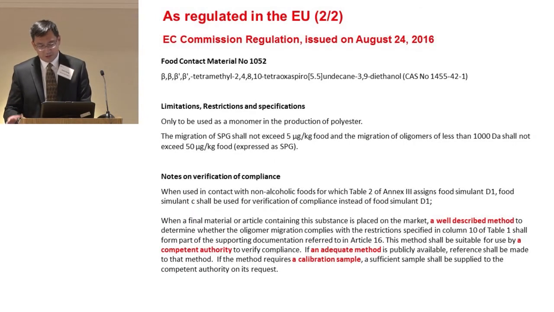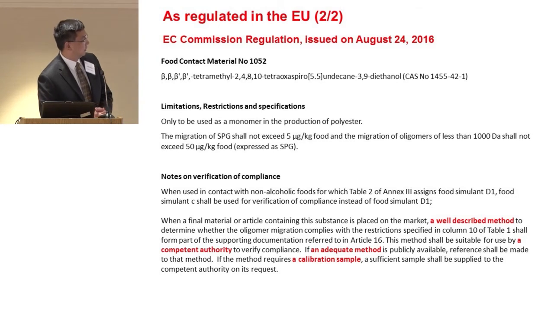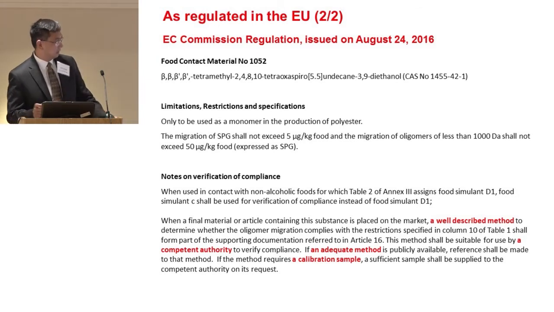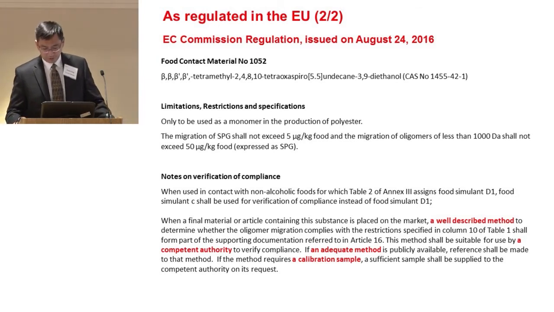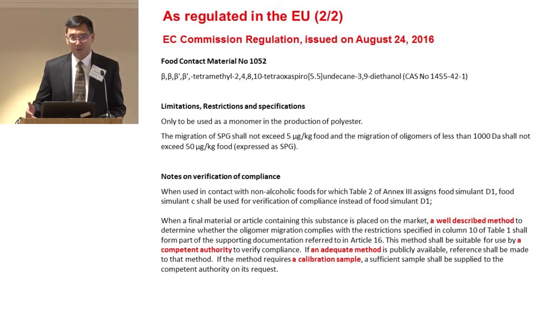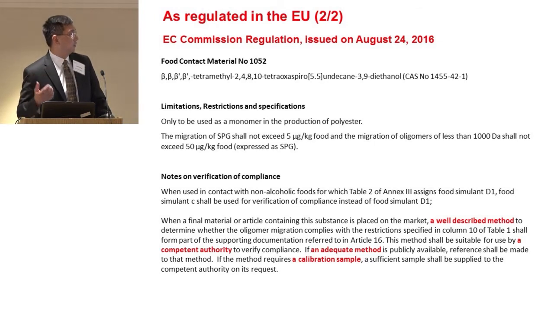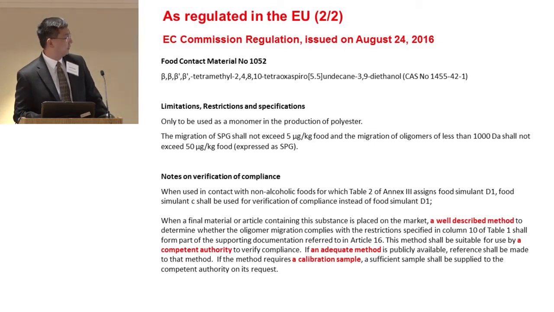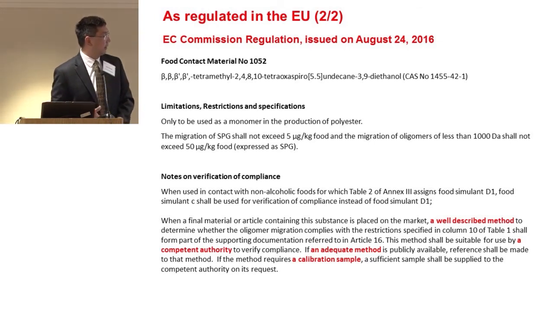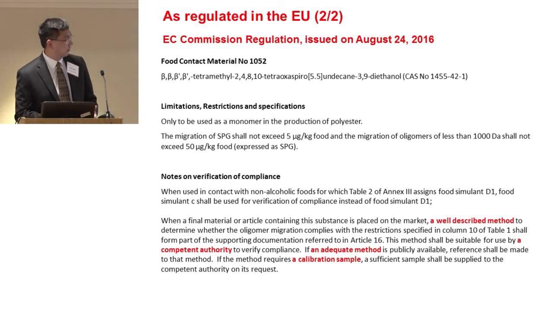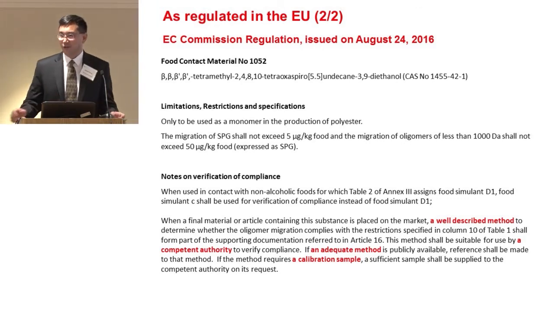So by the time it gets to the regulation that was published, it not only talks about 50 ppb, but now it says if you're really going to do this, you need to have a well-described method, you need to have a competent authority that can verify the compliance, and adequate sample, you need calibration.